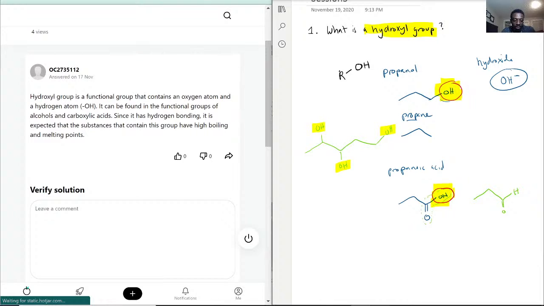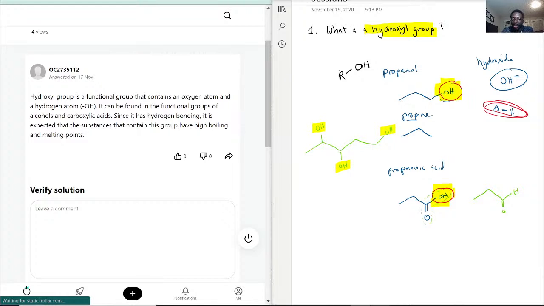Okay. And it can be found in the functional groups of alcohol, as we showed here with propanol, and carboxylic acids, which we showed with propanoic acid. And exactly, they do mention that it is a hydrogen bond, because anything where O is attached to an H is in itself a hydrogen bond.